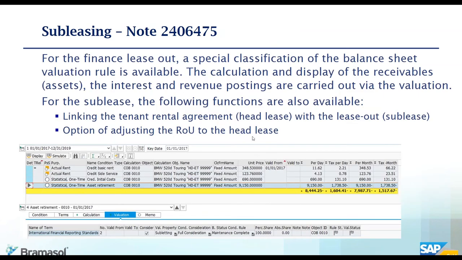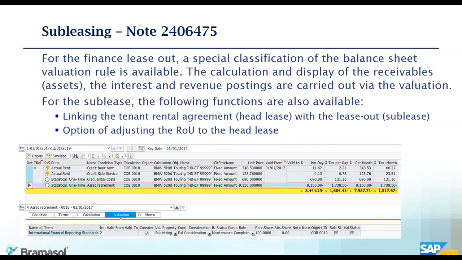Next slide, please. Subleasing was the next major piece that we rolled out. As you know, with real estate, it's important to be able to manage your space more efficiently and to get rid of space you don't need, because real estate is typically the second largest expense a company has after salaries.